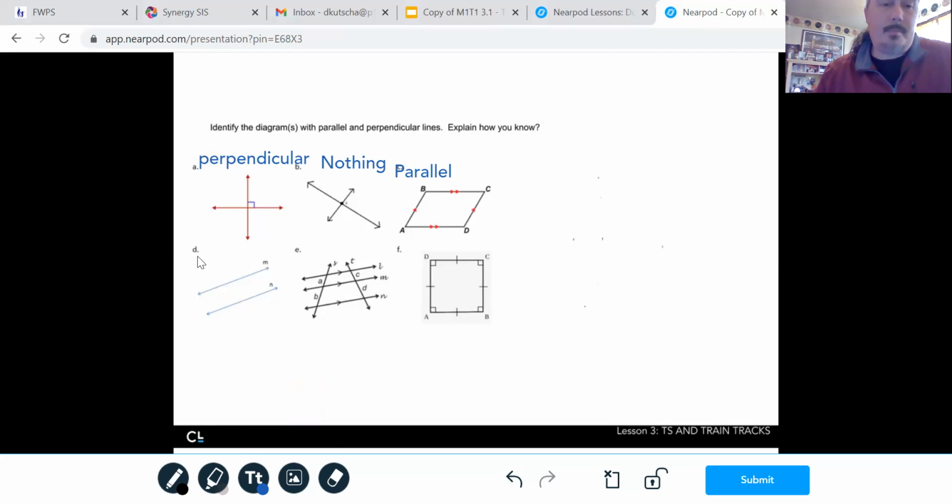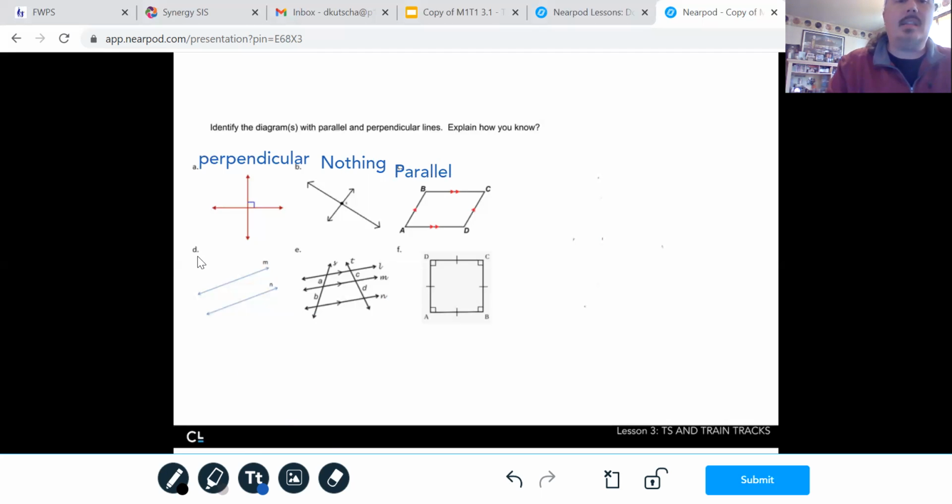Okay, D. In D, are we parallel, perpendicular, both or nothing? D was the most commonly missed problem on our test, and it is absolutely nothing. There's nothing to indicate that we have perpendicular lines because these lines are not intersecting.